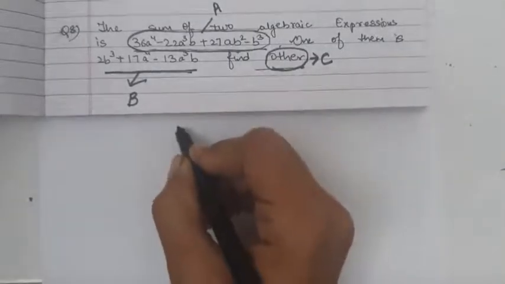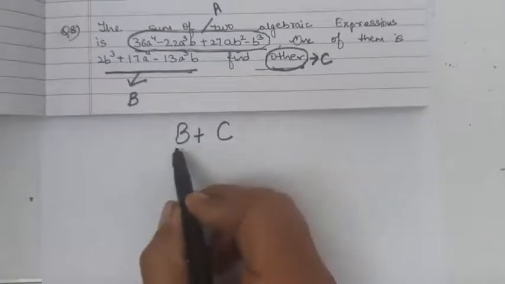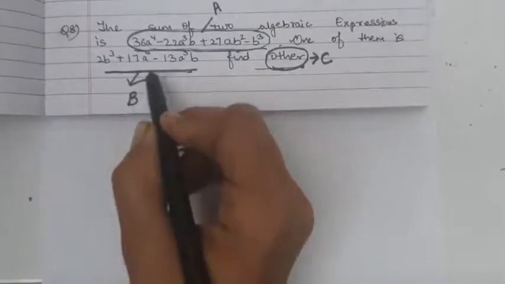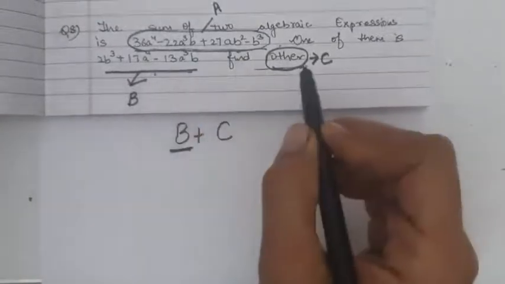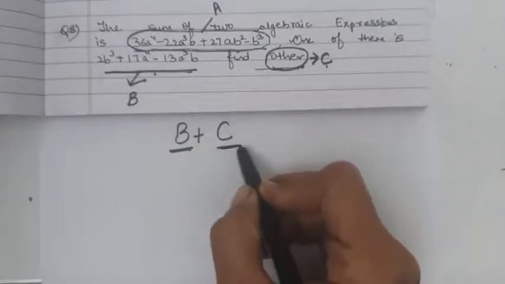Now, the sum of two expressions, that is, one is B, which is already given to you, and the other is C, which you have to find out.